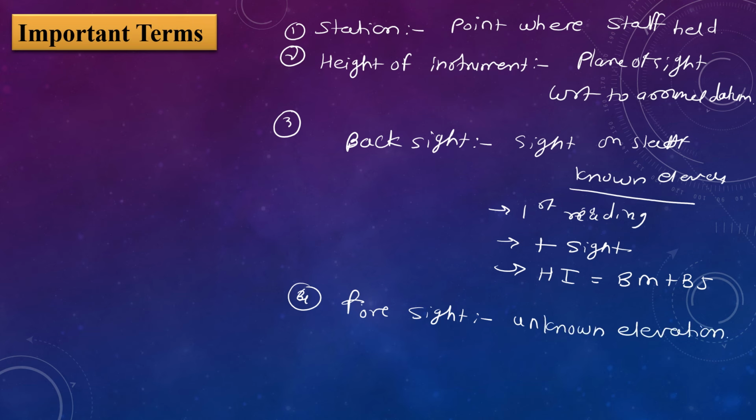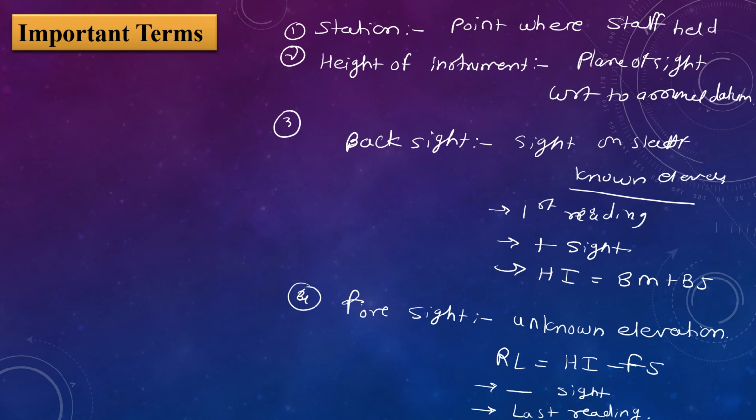Here reduced level is equal to height of instrument minus foresight, and this is also known as minus sight. Foresight is the last reading. Okay, this is about the backside and foresight.